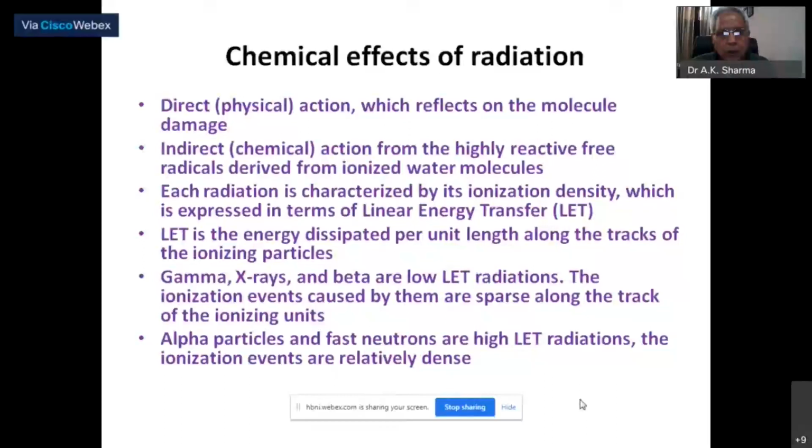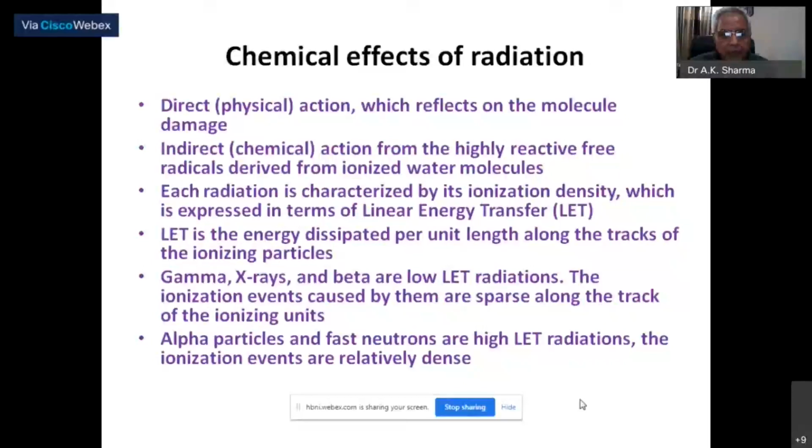The more the LET, the more the damage it will cause. LET is the energy dissipated per unit length along the track of the ionizing particle as it moves along the living tissue. It is the dissipation of energy in its track till it is stopped, or till it passes through the living material.